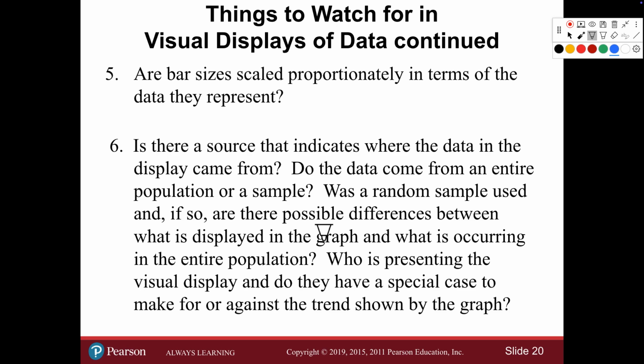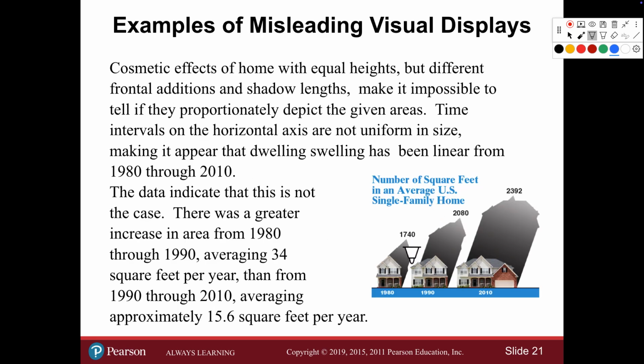Because here's another thing: if there's a larger one, what they do is they go both the height and the width, and it ends up making the area actually a lot bigger. So something like this, what they really are showing is the number of square feet of an average U.S. single-family home from 1980 to 2010, that it went up.